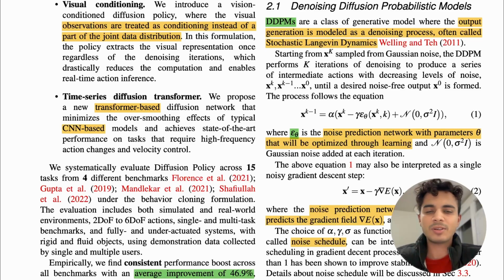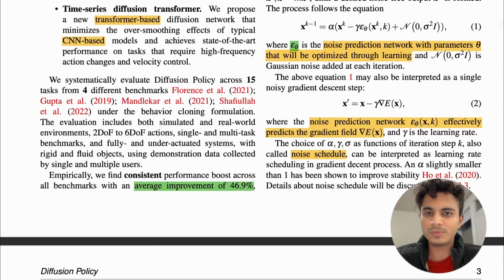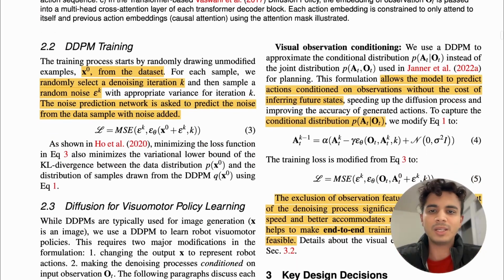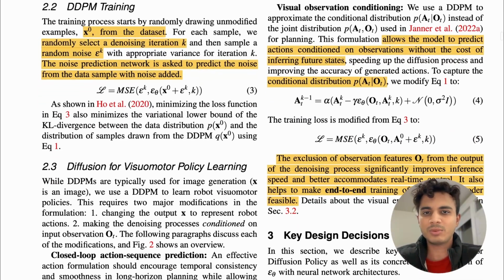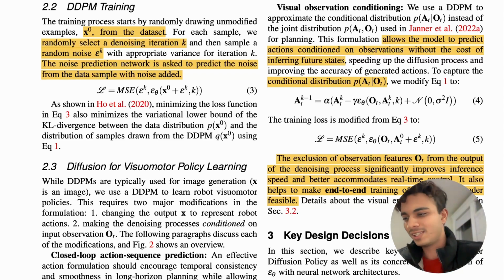What this paper introduces is that as long as your demonstrations or your data set is good, hyperparameter tuning should not be a big problem for you. So I don't think that alpha, gamma, and sigma are big problems to choose from, but I'll get a better idea with experimenting with the actual model on my own robot. So I'll look into that soon, and probably in the next video I'll show you how exactly that's done.